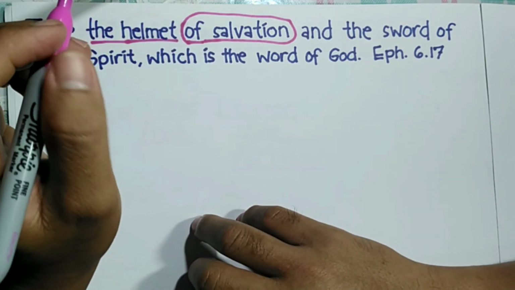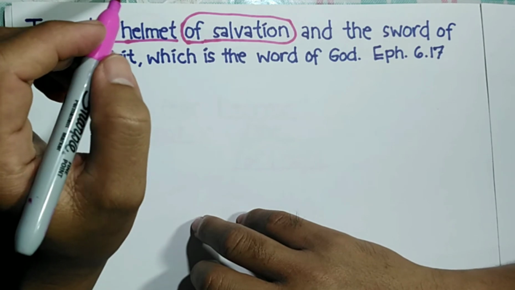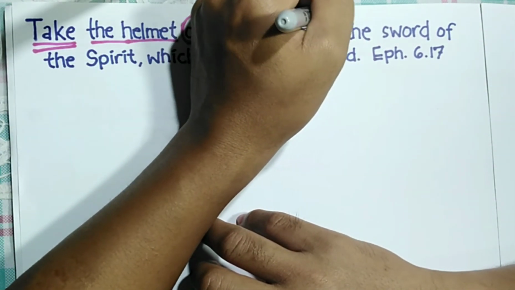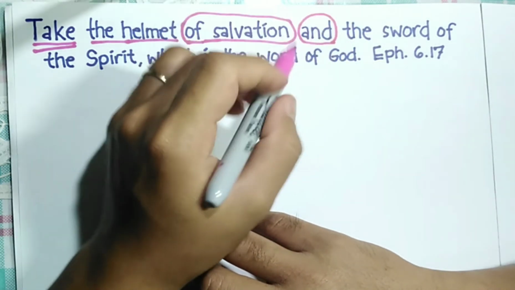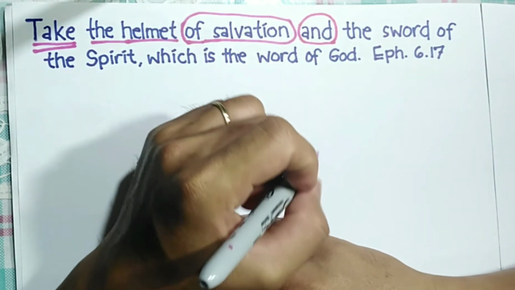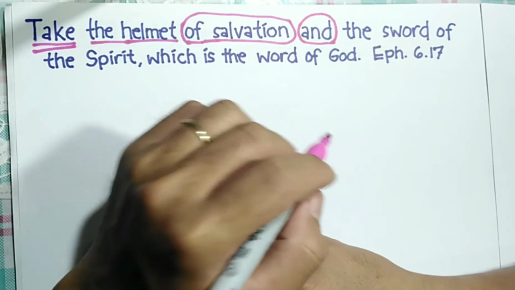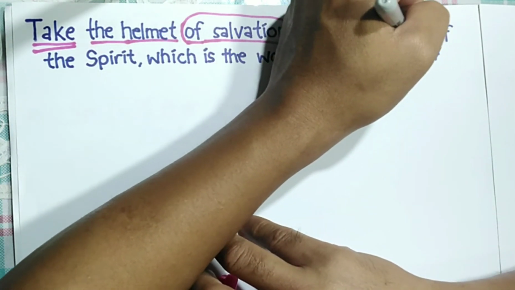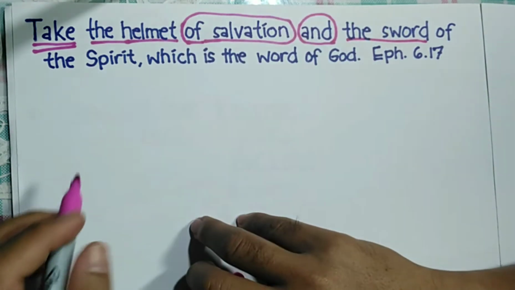What else do we have here? We also have and. And is what? This is a conjunction, and it connects the helmet of salvation and the sword of the Spirit. Now we also have the sword. What is this?